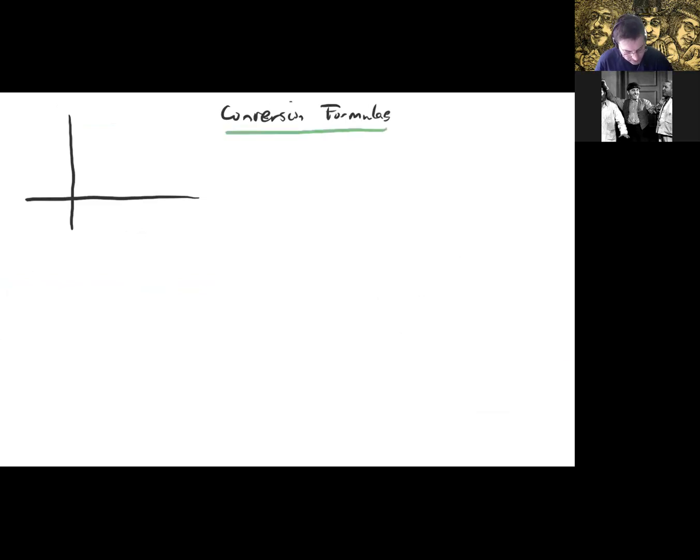If you have a point given by x, y in rectangular coordinates, then we can form the following triangle. x is one leg, y is the other leg, and then we have the square root of x squared plus y squared, but that's the distance to the origin, that's r. And theta is this angle in the right triangle. So from this, we immediately get that x is equal to r cosine of theta, and y is equal to r sine of theta.